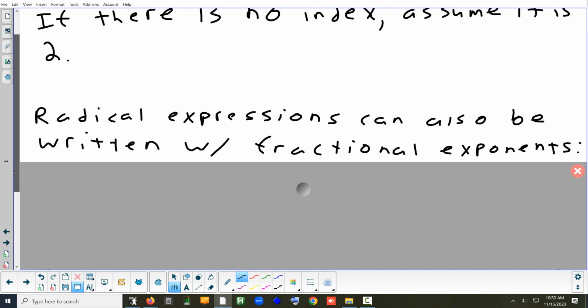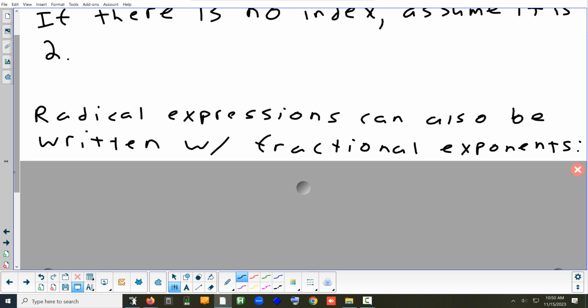Now, there is a way that you can write square root without using that symbol. You can actually put an exponent, and there's a certain exponent that means square root. Not 2, 2 would mean square. Would it be to the half? Yes.